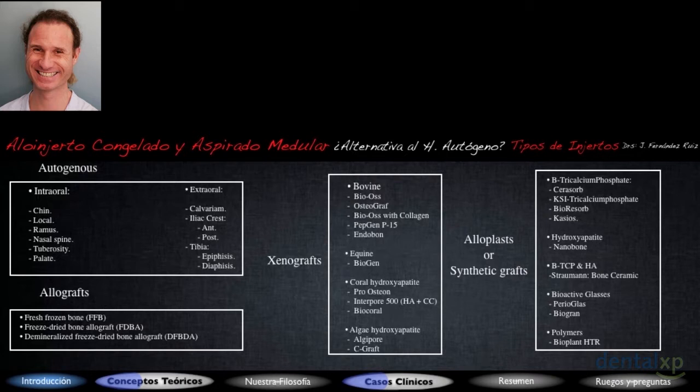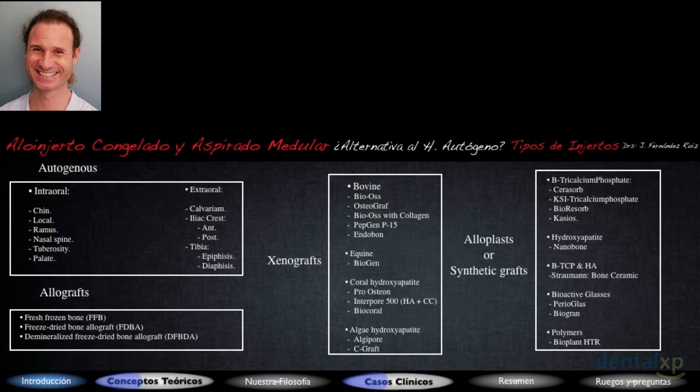So, as autogenous bone is considered the election, the gold standard of bone grafting, I understand that there are several other materials or bone grafts that we can use that will also work fine in certain cases.